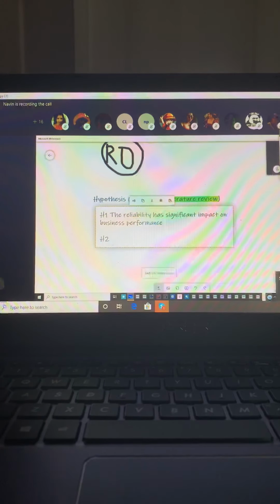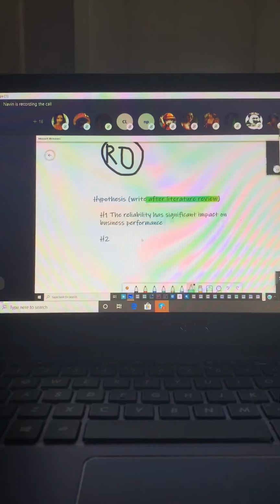The first one is we write H1. This is the first hypothesis: the reliability has a significant impact on business performance.